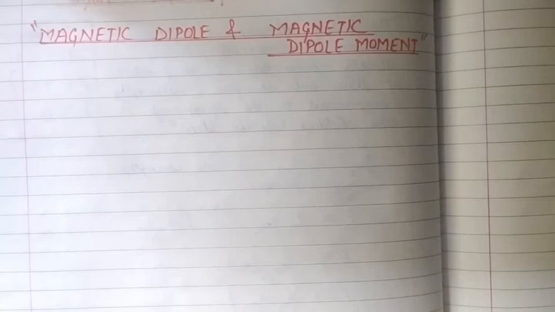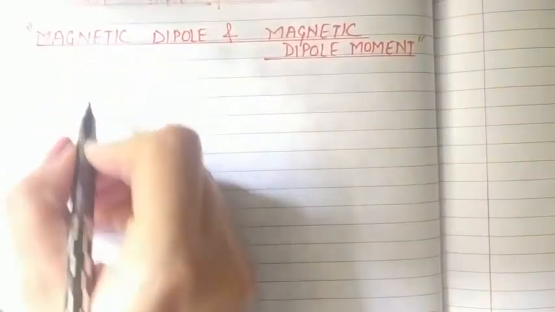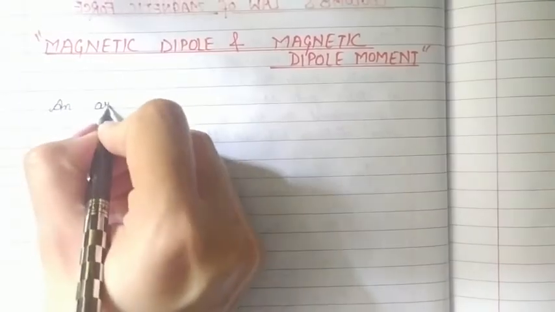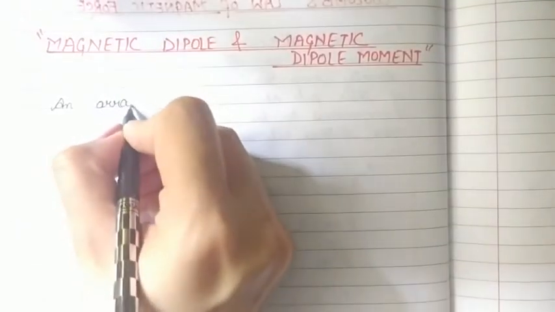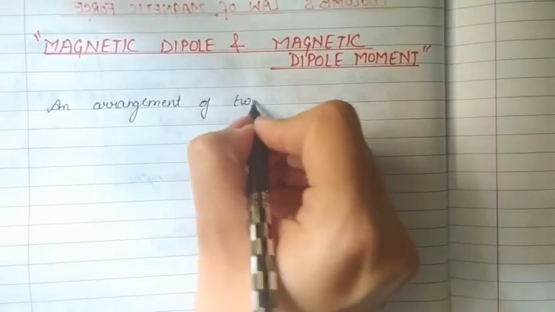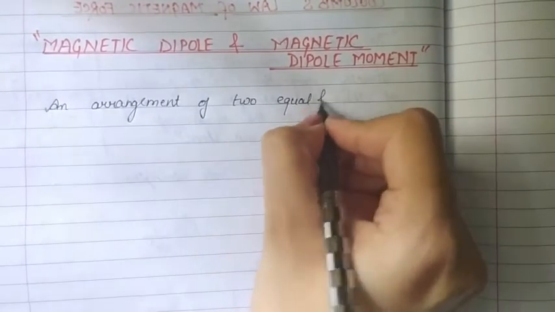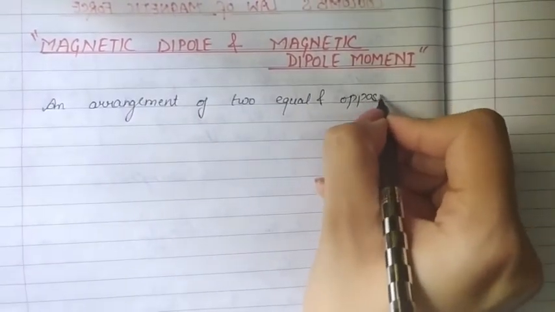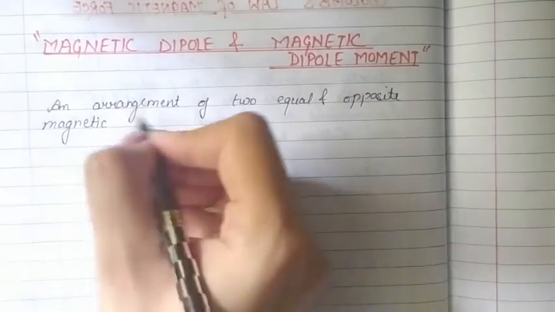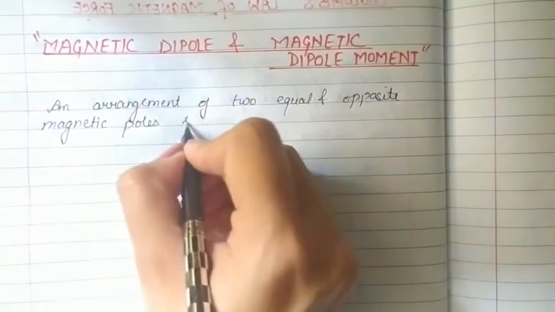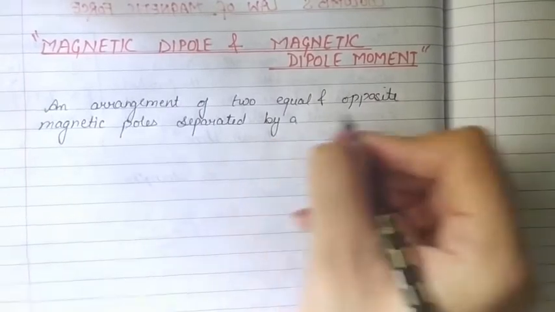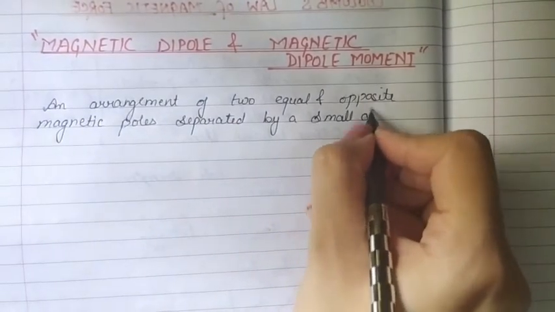Now here in magnetism, a magnetic dipole can be defined as an arrangement of two equal and opposite magnetic poles separated by a small distance.